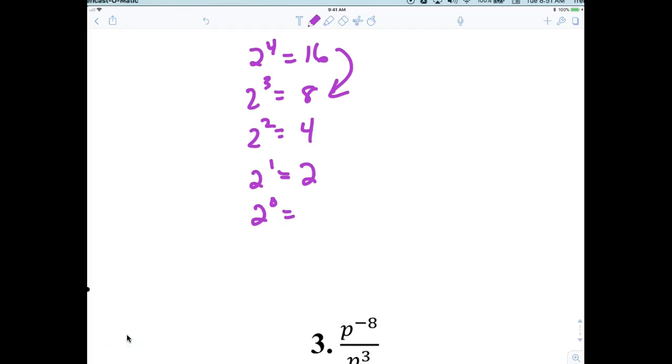Because math is patterns. From here to here, I did what? Think on your own. Divided by 2. So 2 divided by 2 is 1. That's how they figured out that anything to the 0 power is 1. Math is all patterns. If you can find out what the pattern is, then you'd be very successful.